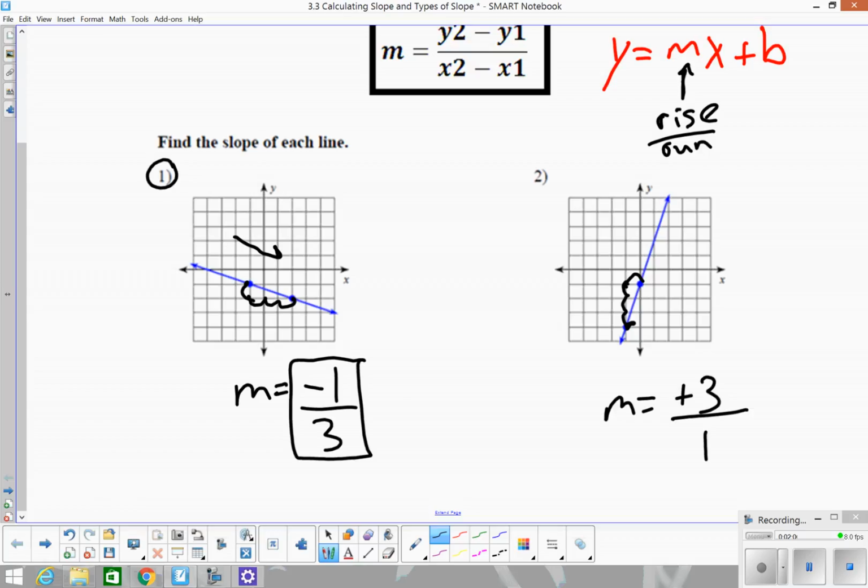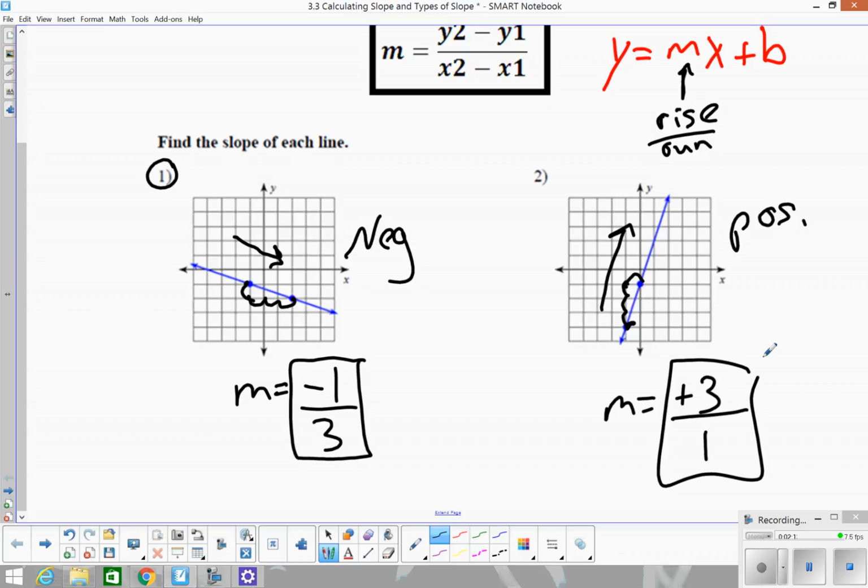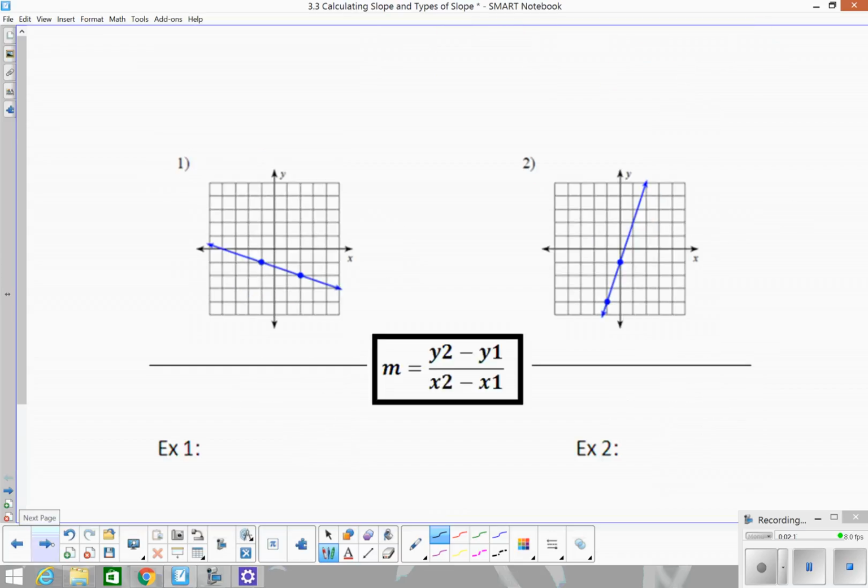If it's decreasing, it should be a negative slope. If it's increasing, it should be a positive slope, which it is. So that's important to understand. I'll go through Mr. Slope Guide in a later section. Good. Now let's look at these types of problems.